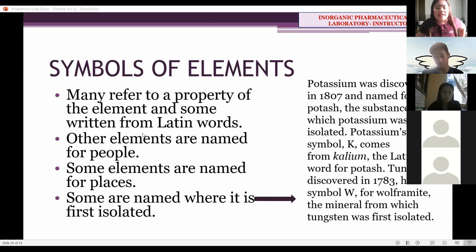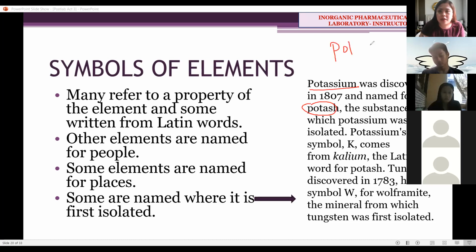And lastly, some are named where it is first isolated. So dili ni siya about sa place, but about ni siya sa thing or sa mineral kung asa sila first nakita. So for example, we have the potassium. Potassium was discovered in 1807 and named for potash.